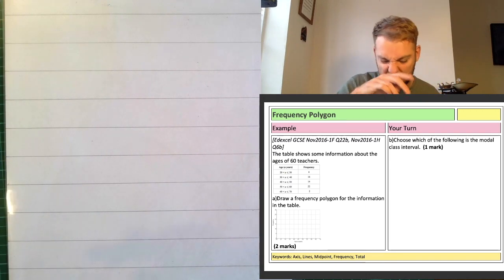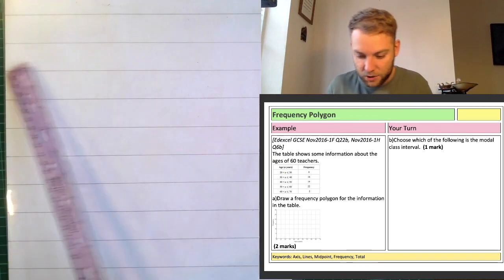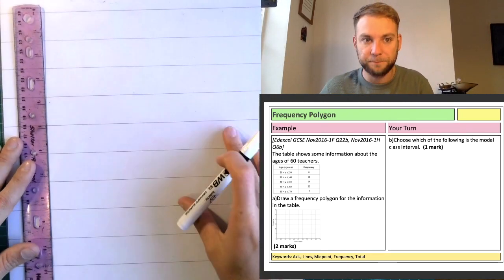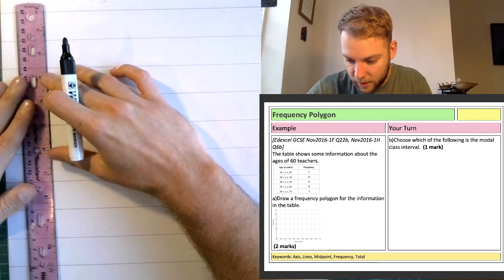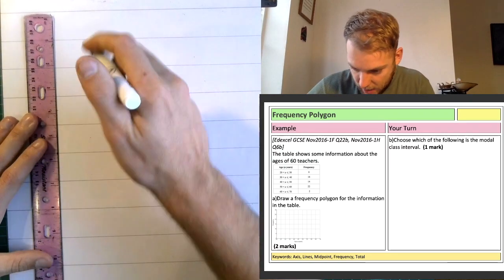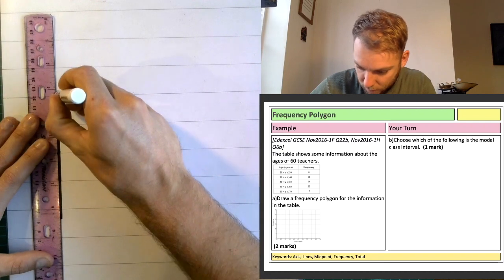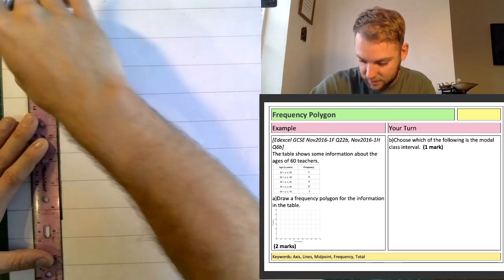So I need to go across by 10. Okay, so up by 6 first of all, making sure it's as straight as possible. Let's do that. So here we've got this, and I'm going 1, 2, 3, 4, 5, 6 there, like so.